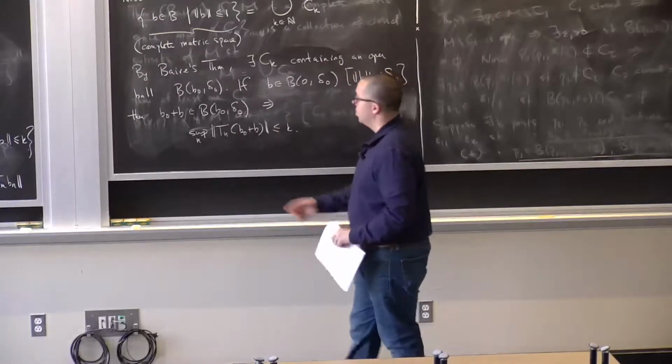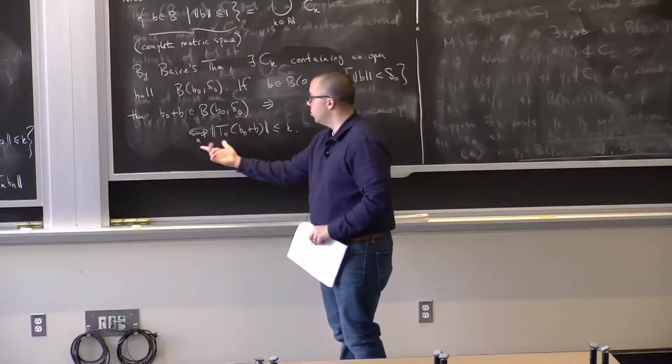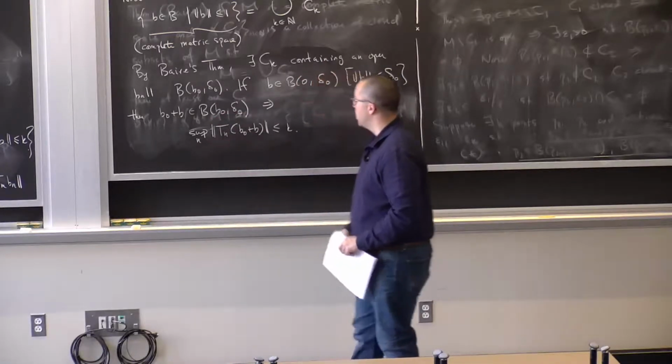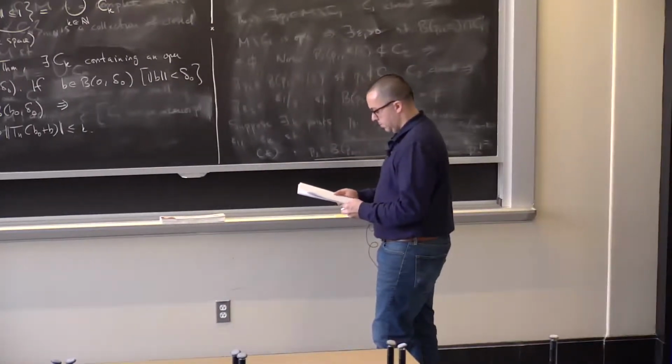All right? So this ball is contained in C_k, and therefore if I take the sup over n of T_n applied to this thing, this is less than or equal to k.